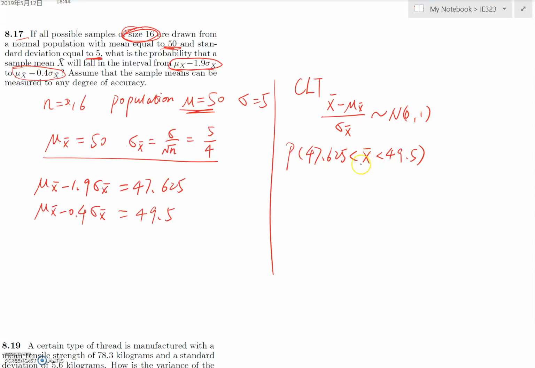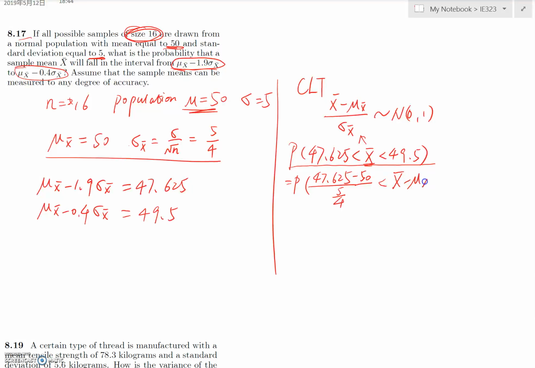So let's transform the middle of this part to this form. The probability is 47.625 minus 50 divided by 5/4, less than x bar minus mu x bar divided by sigma x bar, less than 49.5 minus 50 divided by 5/4.